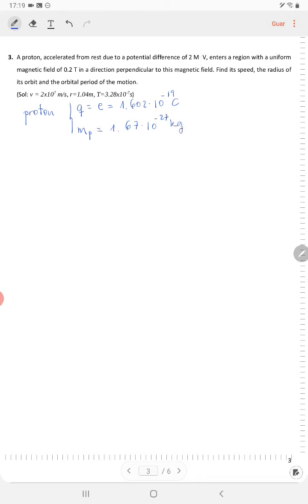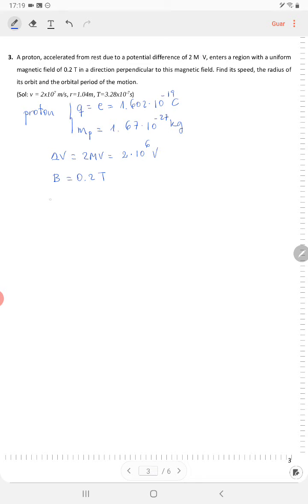Okay, so we have this proton that is accelerated from rest due to a potential difference of 2 megavolts. This is 2 times 10 to the 6 volts. And it enters a region with a uniform magnetic field of 0.2 teslas in a direction that is perpendicular to this magnetic field.